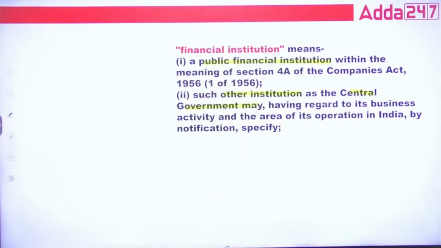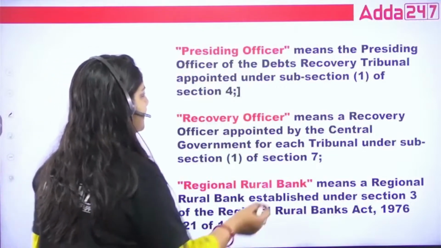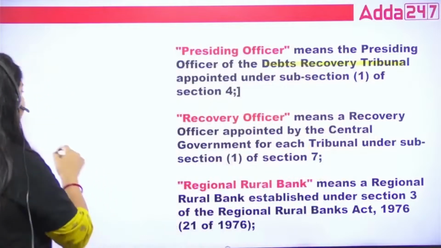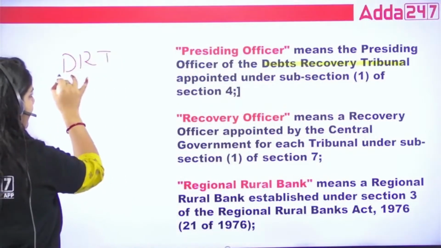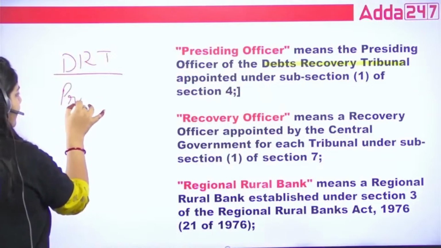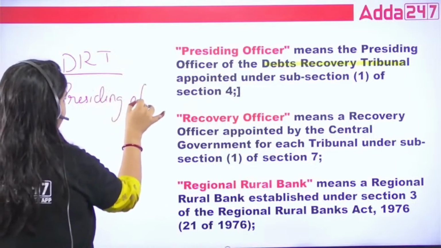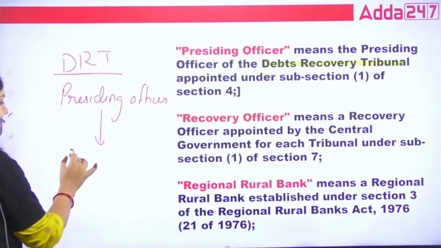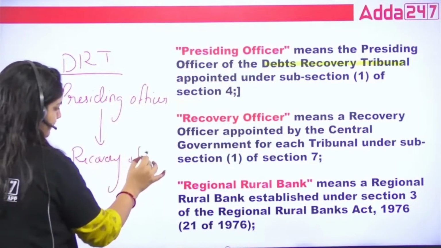That is important. Done? This is called a financial institution. What is the presiding officer? The head officer of this DRT. This is the DRT. The DRT head is the presiding officer, right? And the helper of the presiding officer is the recovery officer.